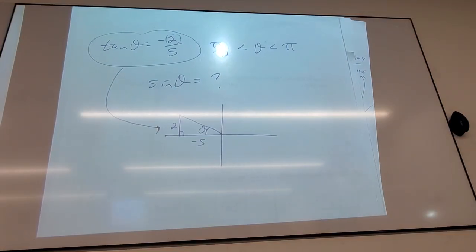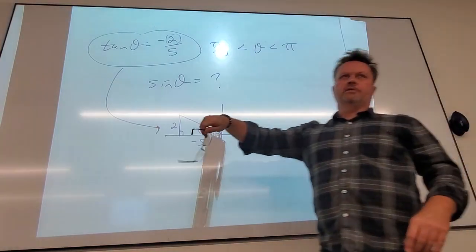Theta is between pi and 3π/2. That is between the x-axis back here, that's pi, and 3π/2, that's the third quadrant, yes? All that part helps you with is whether the answer is going to be positive or negative.